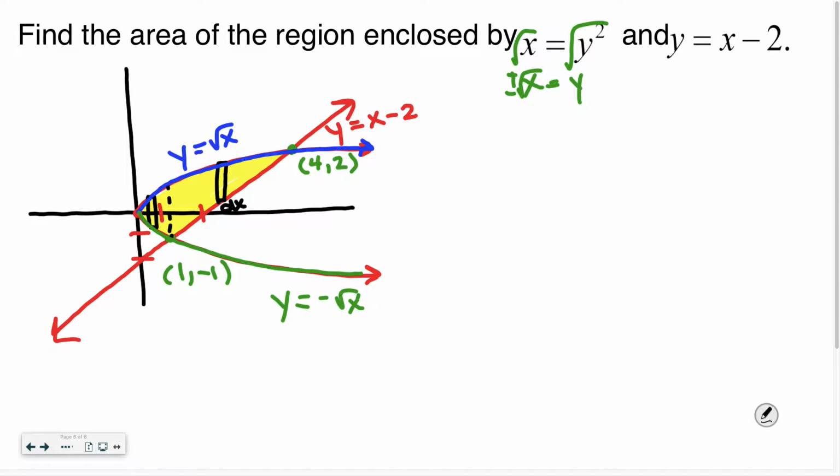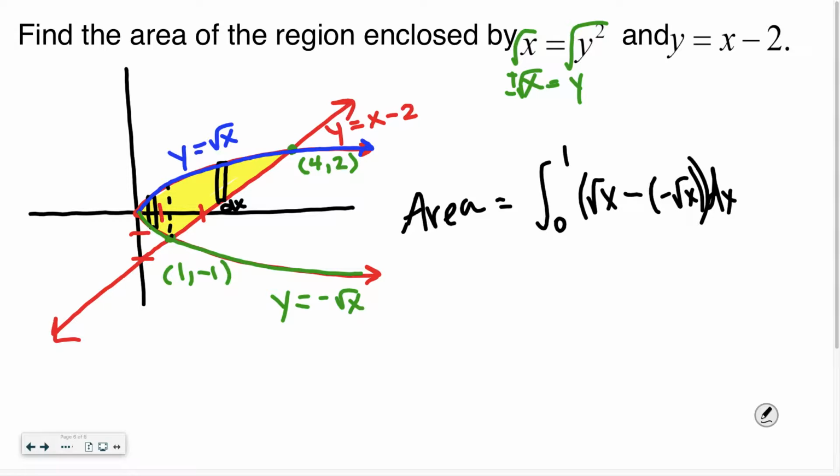So, for our area, from 0 until 1, that blue graph is our top function, minus this green graph right here is our bottom function.